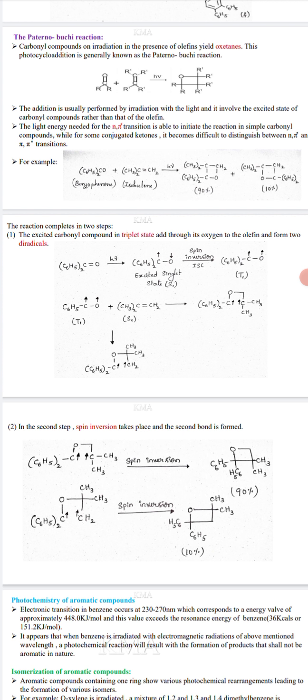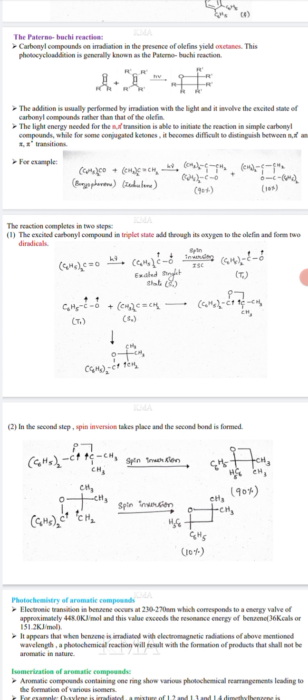These undergo spin inversion. The first product which has formed we have shown with one horizontal and one vertical arrow mark, that is one product, and this is the other product. These products in the second step undergo spin inversion.